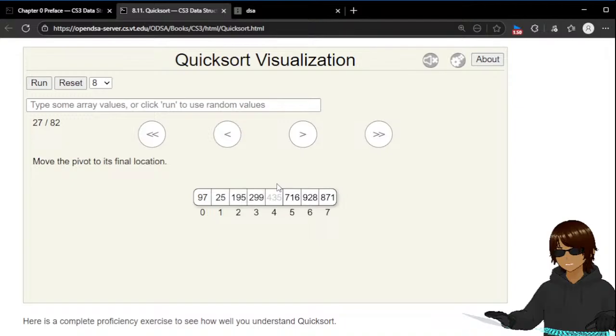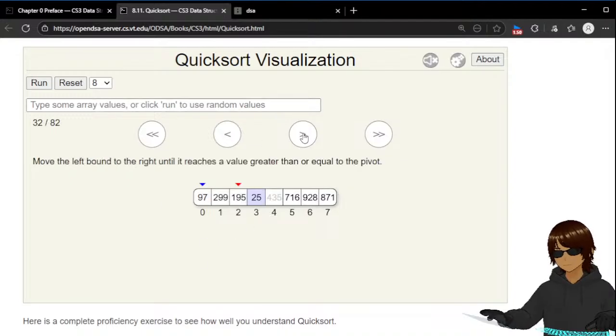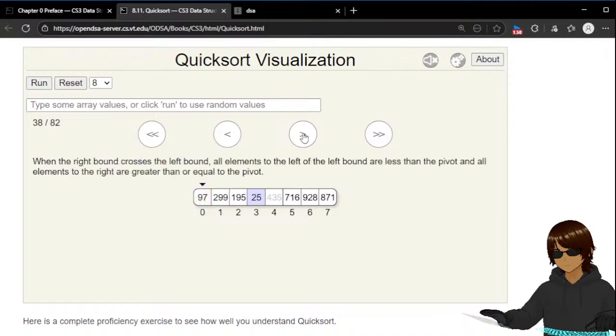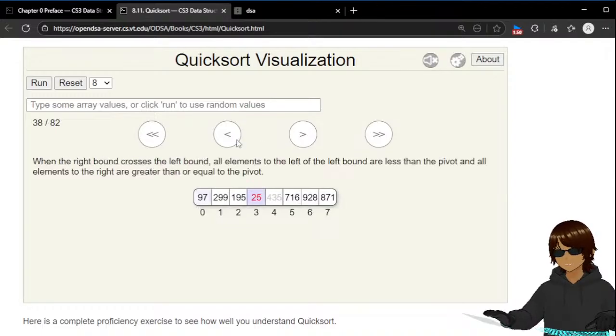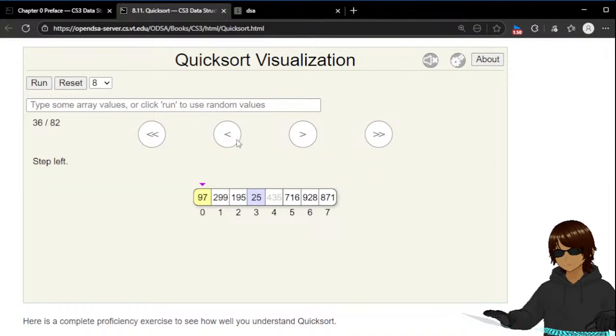Okay. So this here is sorted. And now this array. Okay. So 25 and 97 is sorted. Wait, hold on. 97 is bigger.